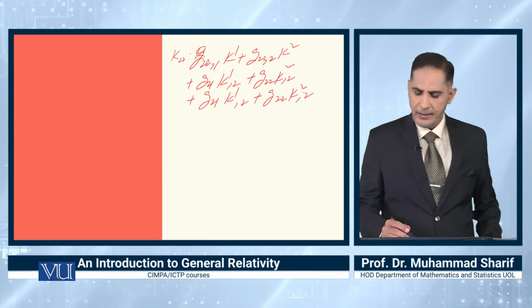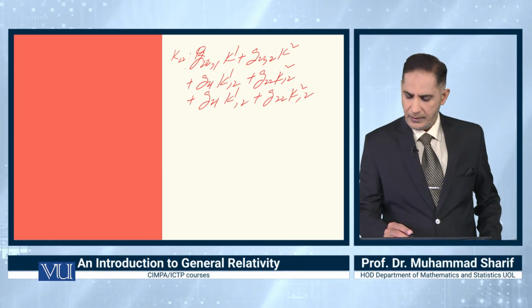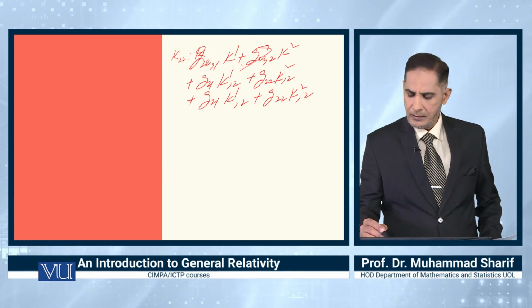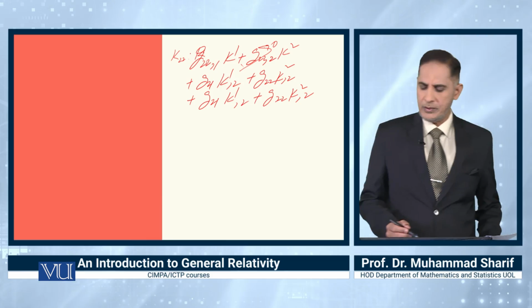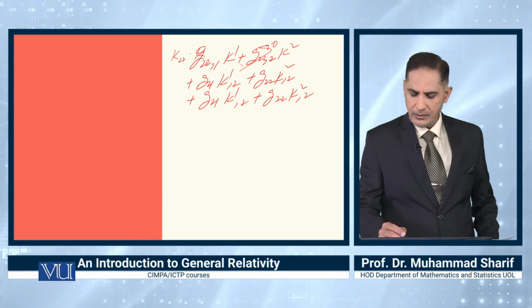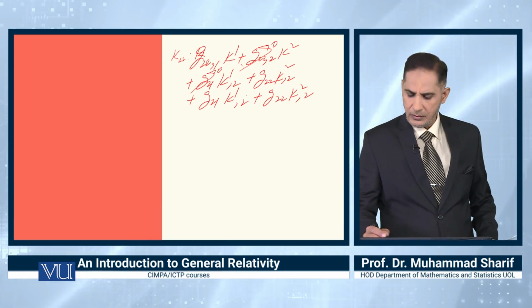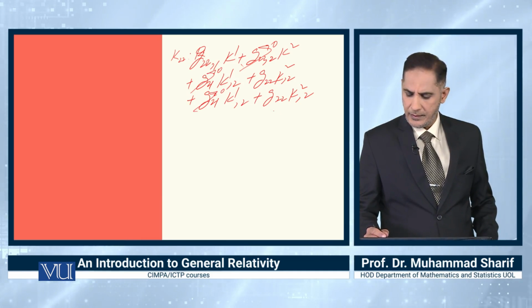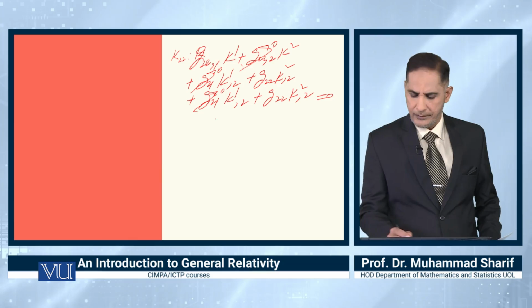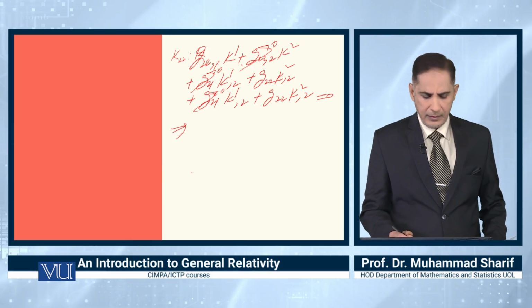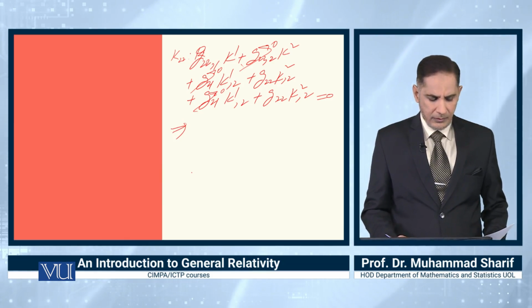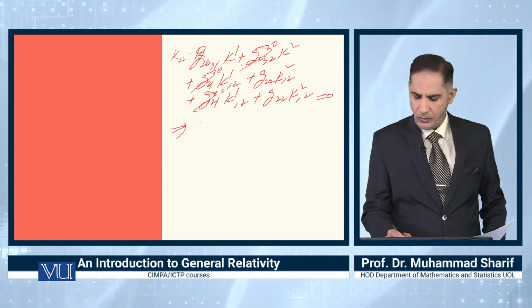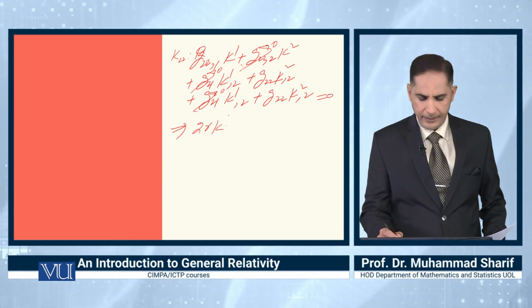Now you can see this is fine, but this is 0 because G22 with respect to theta is 0. This is 0. This is okay. This is 0. And the rest is 0. So we can write G22 comma 1 means 2r k1.